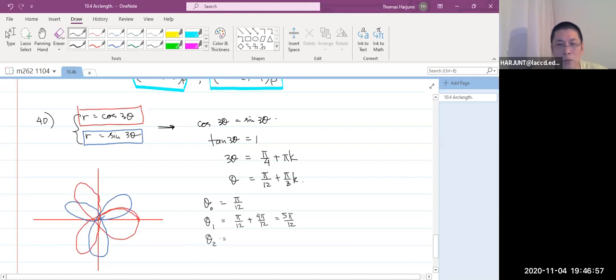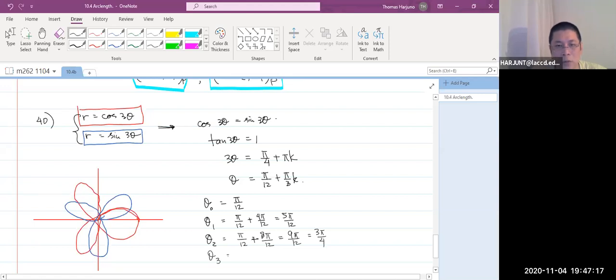When k equals 2, that will be plus 8 pi over 12, that's 9 pi over 12, which is 3 pi over 4.